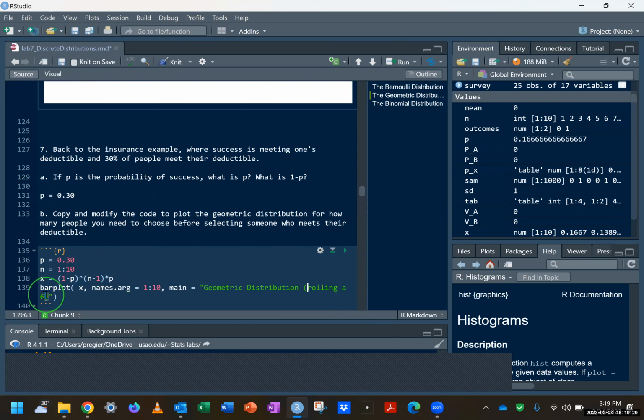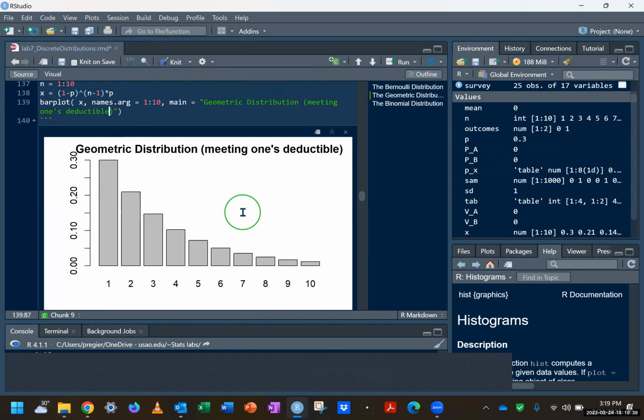And let's change our title to correspond to meeting one's deductible. Boom. And there's what that distribution looks like. So we see for each outcome, having the first person meet the deductible, the second, the third, we have a different probability of that event occurring.